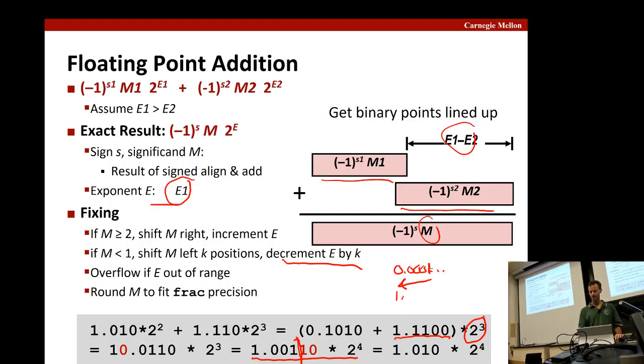And so here it's 1 0. So that's the tie, the halfway in between. And so we want to round to the nearest even. The choices were to either round to 1.001 or 1.010, and the latter is the even. Any questions?